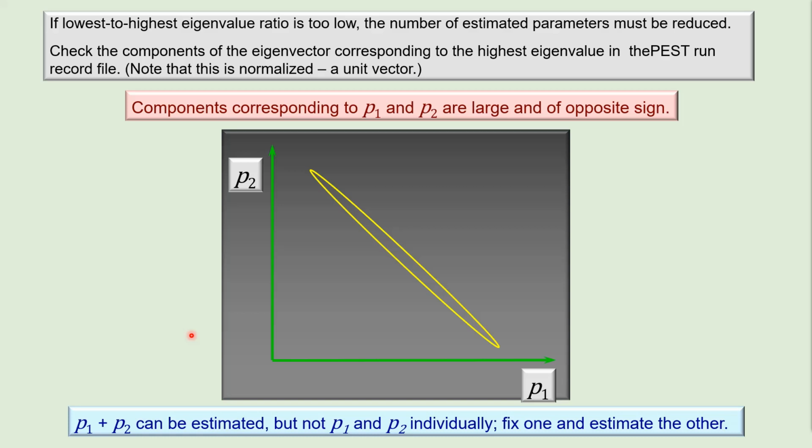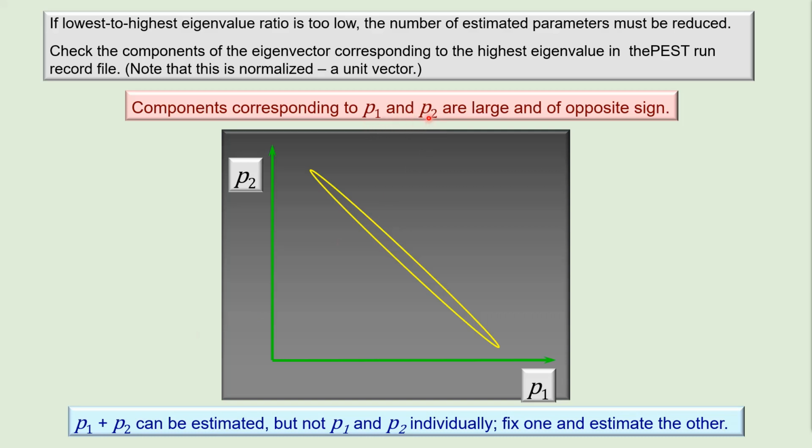And suppose in that eigenvector, which is always normalized so the sum of its squares will add to 1, two components dominate, the components pertaining to parameters p1 and p2.